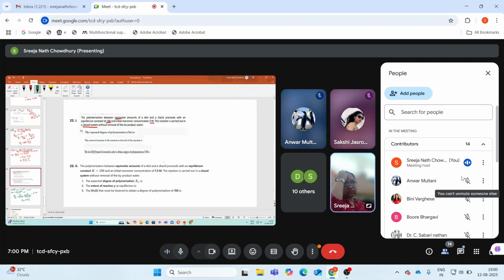Acha. Then the level of H2O. We have to also calculate the level of H2O.